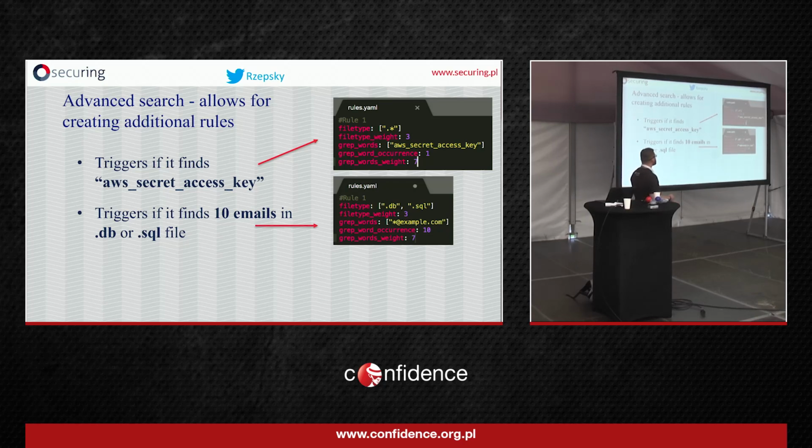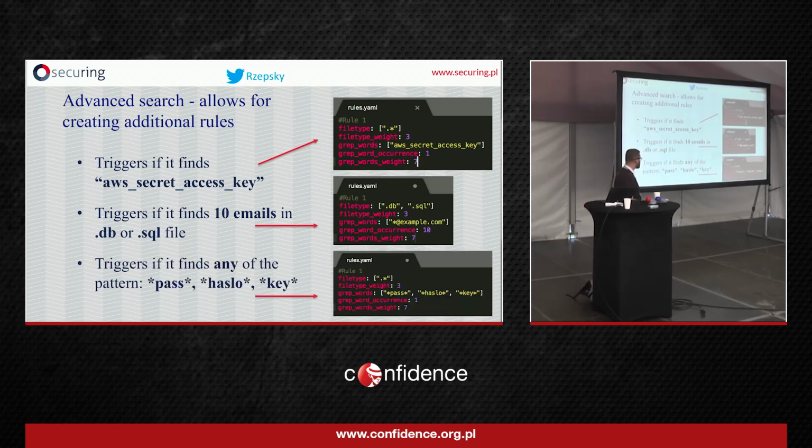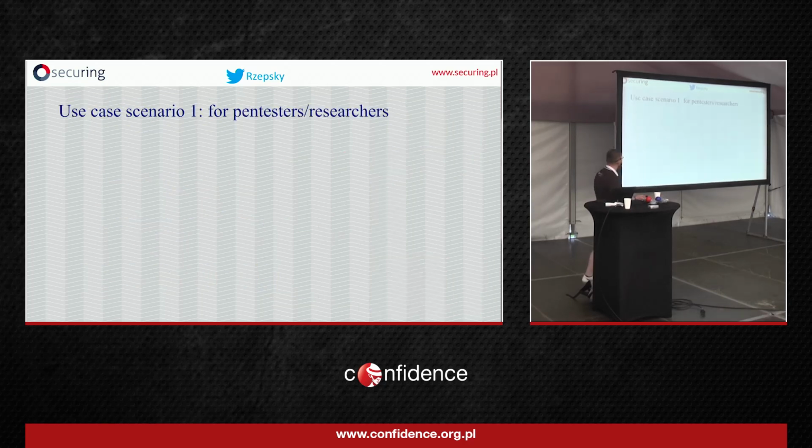If it finds in file types like DB or SQL more than 10 emails, then the rule will be triggered and you will be notified. And of course, it supports wildcards, and you can specify a lot of them. If any of them is triggered, then you will be notified.